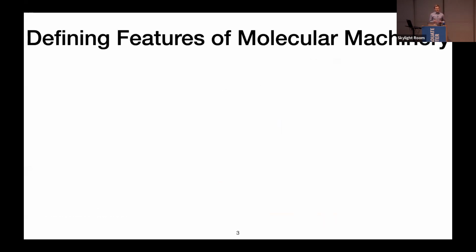Now I like to think about some defining features of these molecular machines, or you can call them stylized facts. The first, for those of you not familiar, is the Reynolds number from fluid dynamics, which basically quantifies the ratio of inertial effects to friction effects for an object immersed in a fluid.